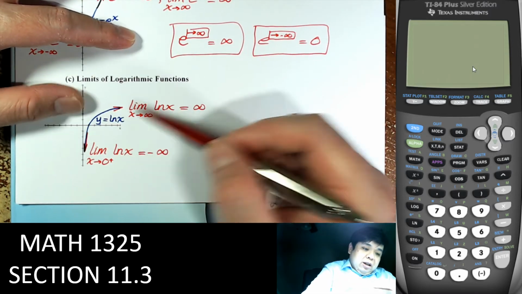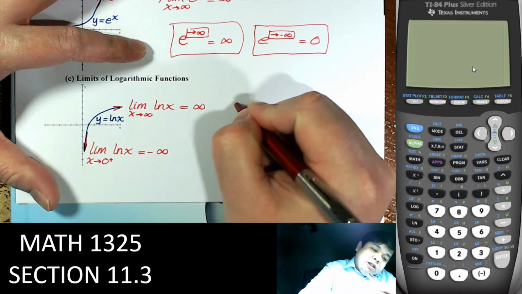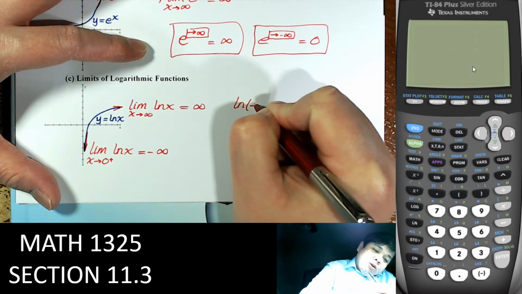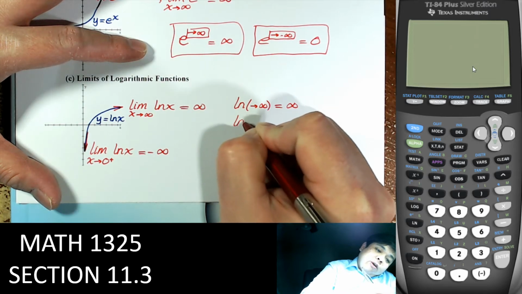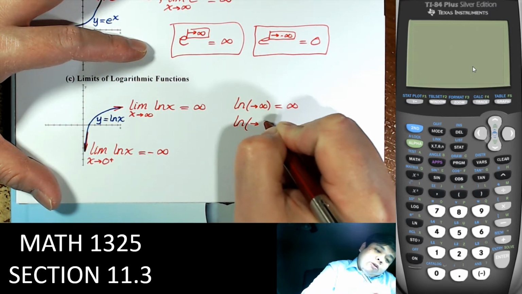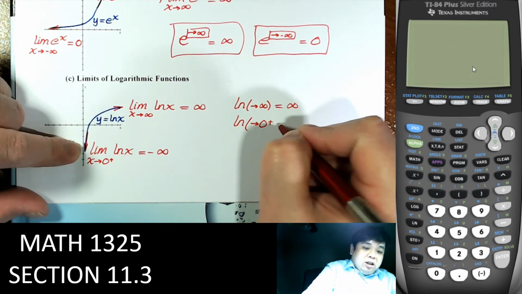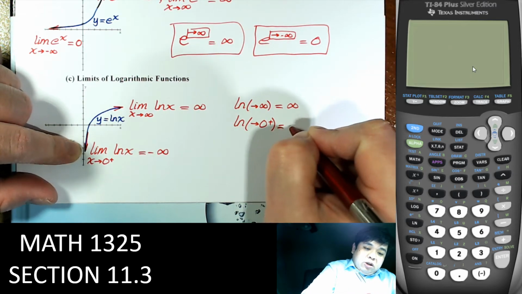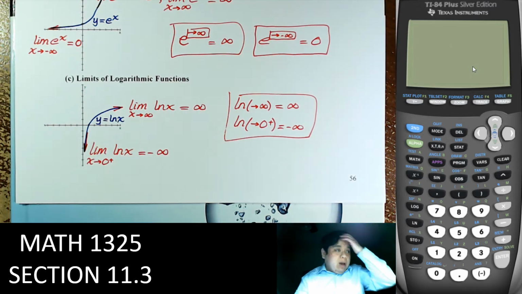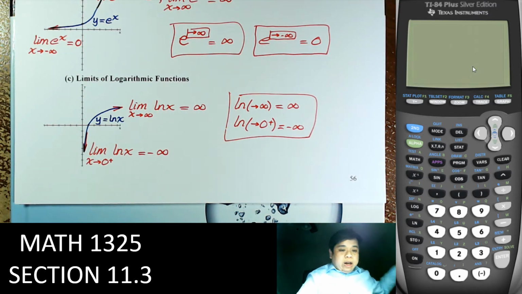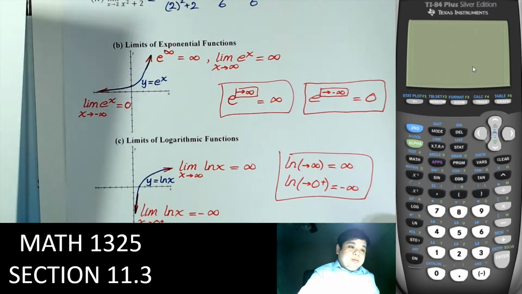And then ln we can write the same way. Ln of something that goes to infinity is equal to infinity. Ln of something that goes to 0 from the right hand side is equal to negative infinity. Right. So keep that in mind so we can go to the next part of the section.